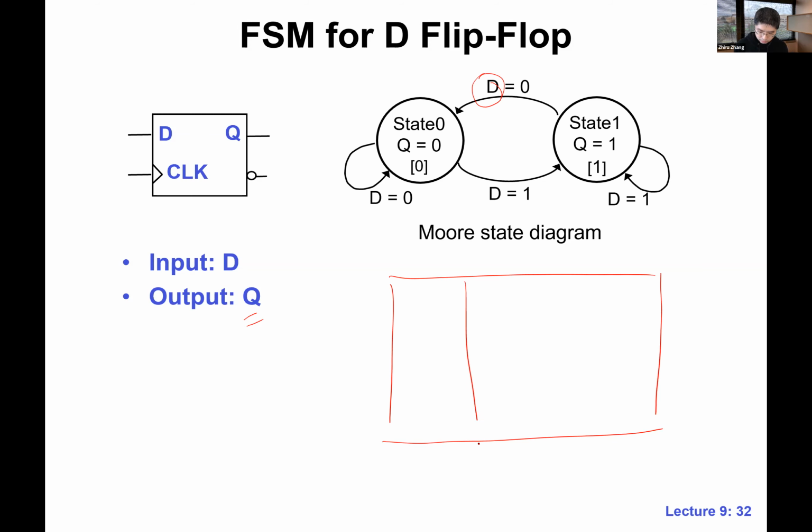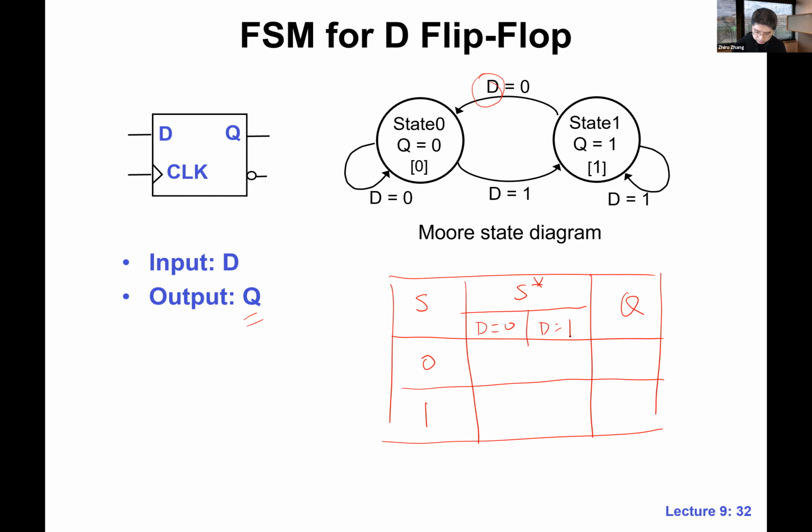So we have output Q, we want S star, and we have S: 0, 1. So what is Q in the first row? Oh, let me divide this. What is this? 0.